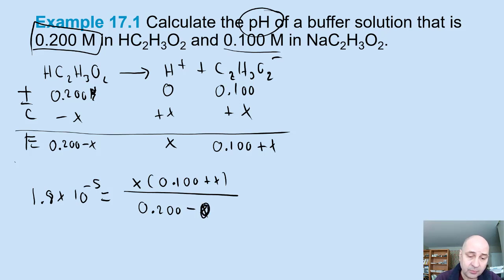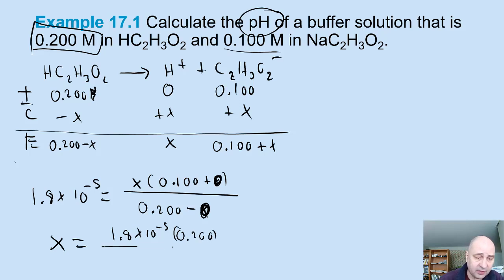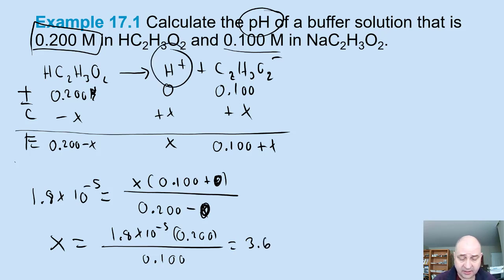So if we assume that x goes to 0, our calculation becomes a little simpler, and we have 1.8 times 10 to the minus 5. We're going to multiply by 0.200, and we're going to divide by 0.100, and I get a concentration of x, which in this case is the H plus concentration, 3.6 times 10 to the minus 5.